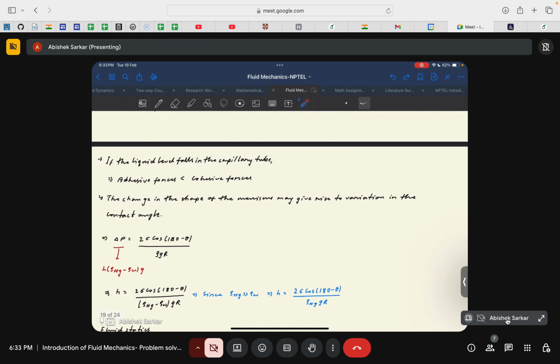And as I was mentioning, there might be scenarios where the adhesive forces between the glass surface and the liquid are lesser than the cohesive forces between the liquid molecules.